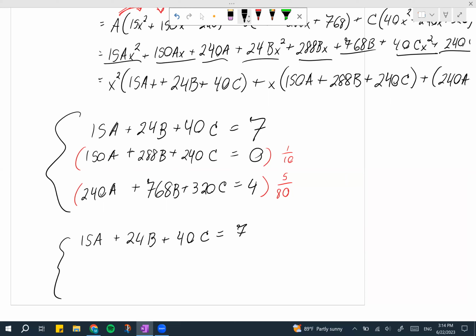Multiplying by this 10, I'm going to get 15a plus 28.8b plus 24c equals 0.